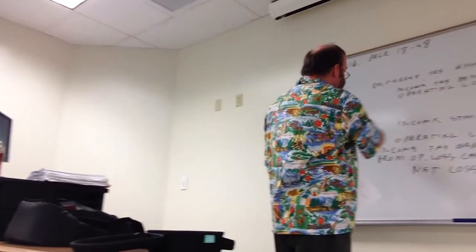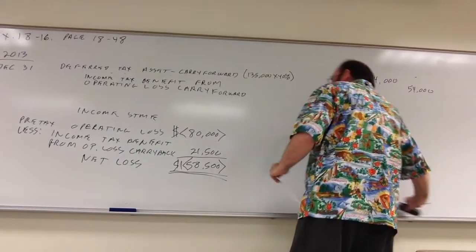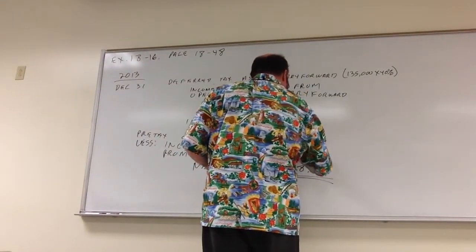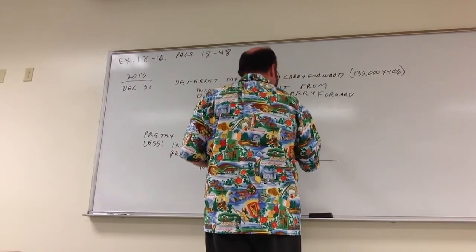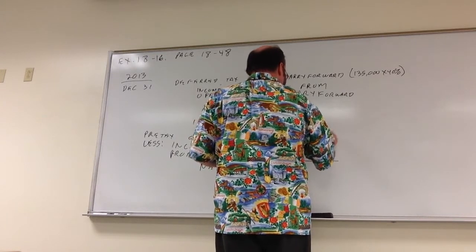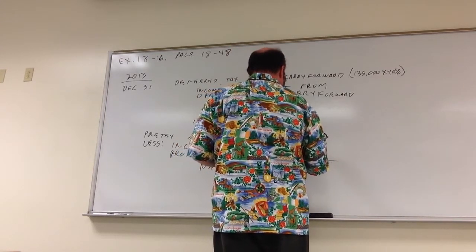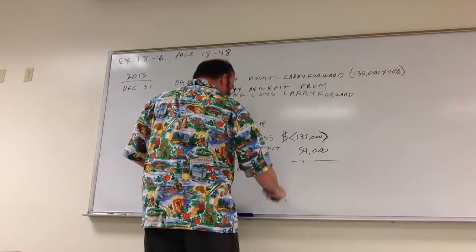So we would once again have a pre-tax operating loss, only this time we've got $135,000. We've got a benefit of $54,000 now, and that's because of the carryforward, not the carryback.